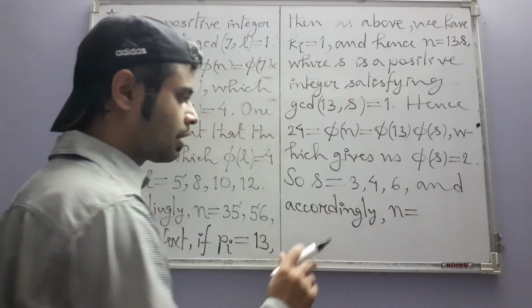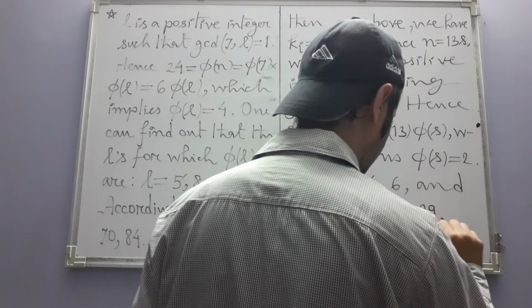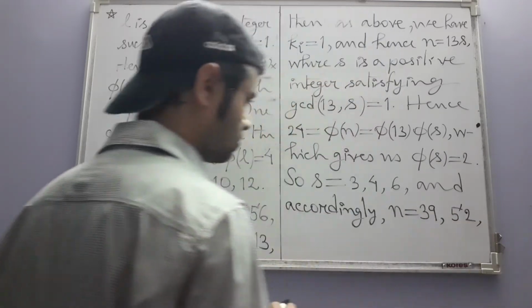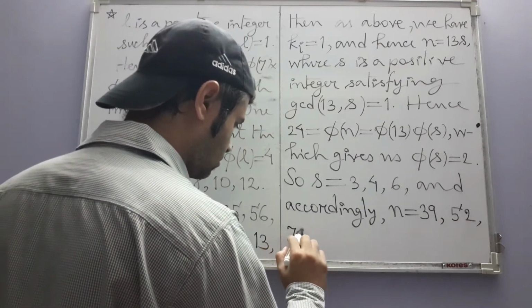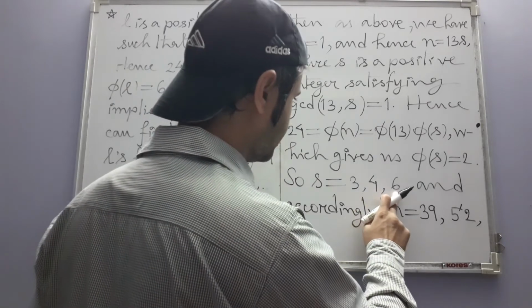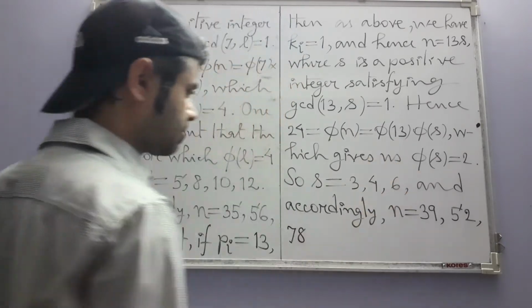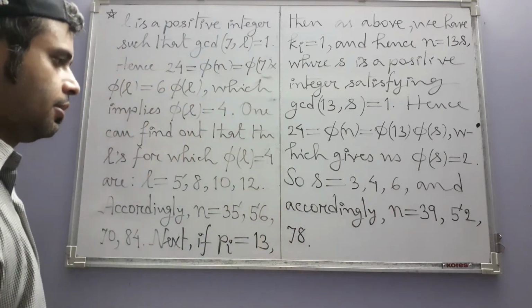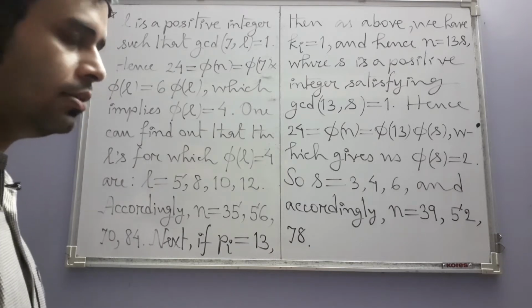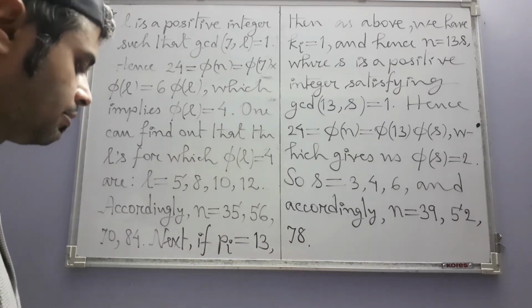N is 13 times these things: 39, 52, 78. Is it really so? Yes? Okay. So we have got further 3 more possibilities for n, but we are not done.